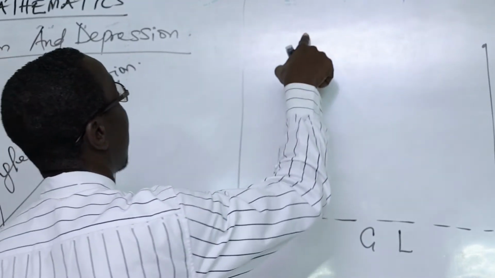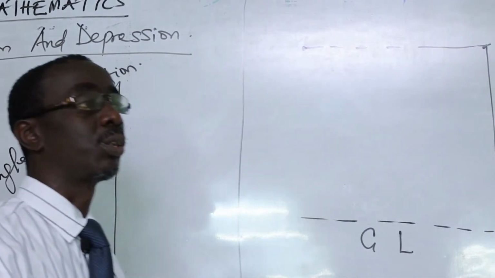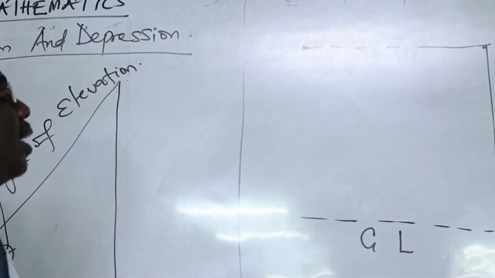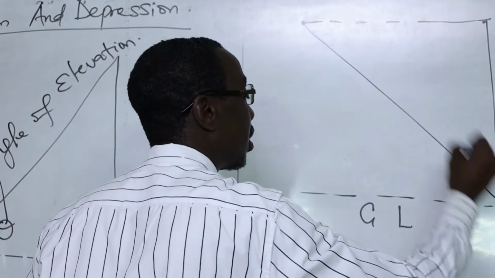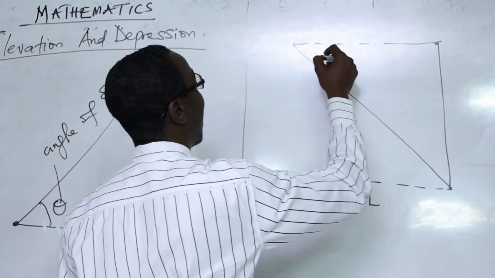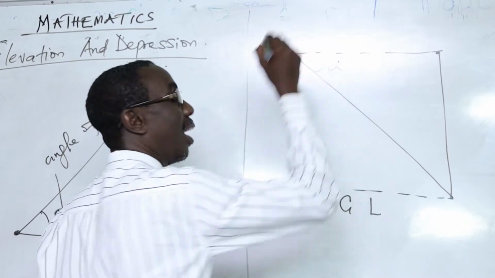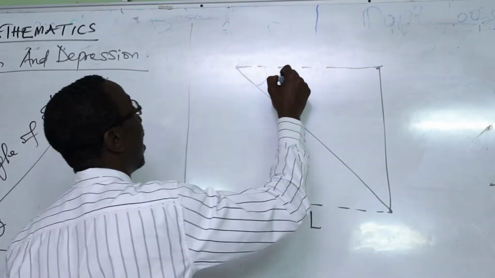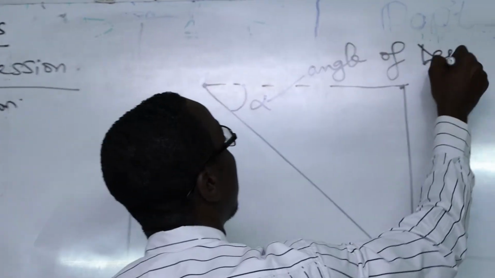But he decided to look straight at the top of the tower. Now, you want to look at the bottom of the tower. The angle between his looking straight and looking down is depression, alpha, the angle of depression. And that is the angle of depression.